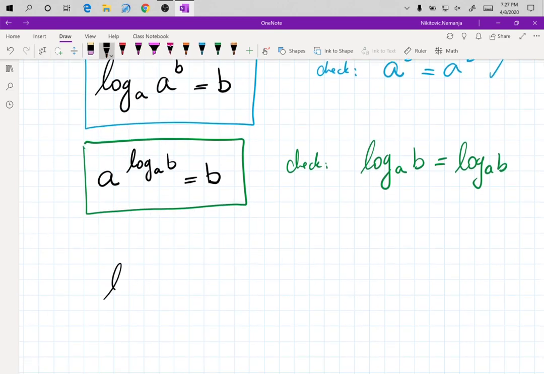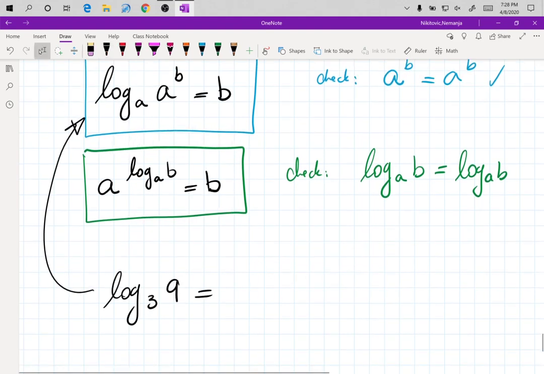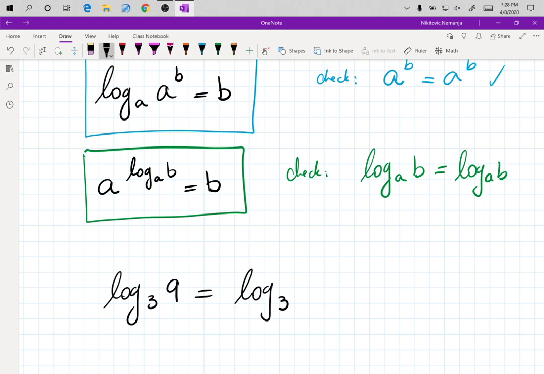How much is log base 3 of 9? If you want to use the calculator, you have to use change of base. But hold on. Look at that formula up there. Log base 3, and I can write 9 as 3 squared.